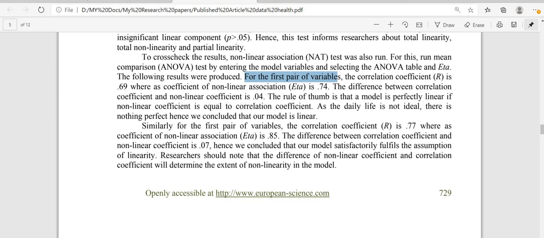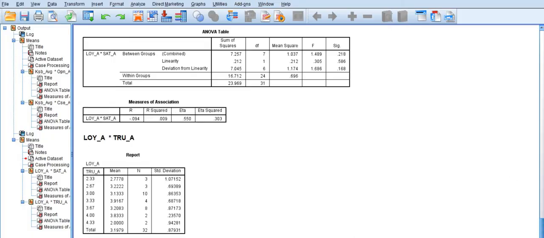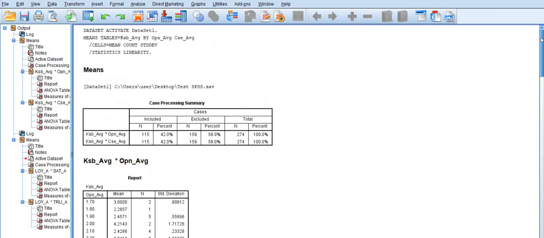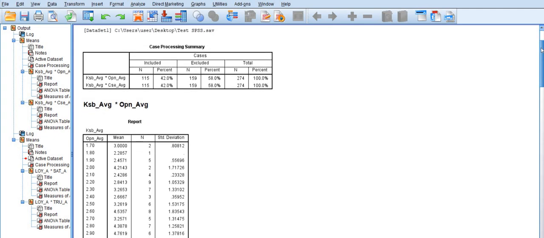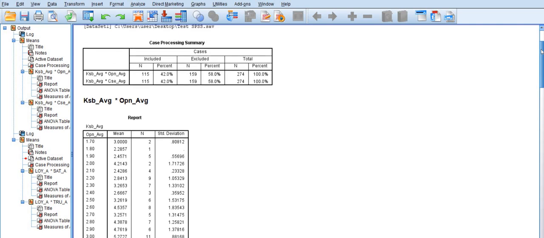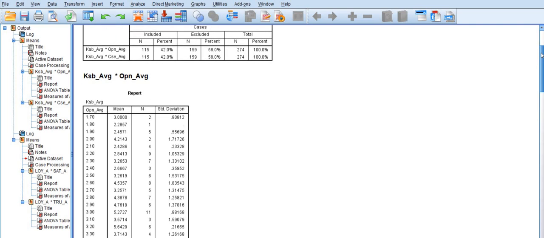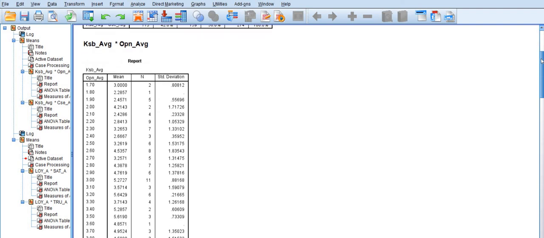So I'll get back to my SPSS results. For my first file, in which both pairs of the regression model were significant for linearity and insignificant for the non-linearity component, we had concluded that the regression model satisfies the assumption of linearity.